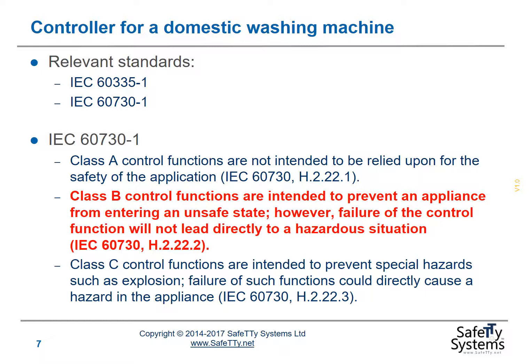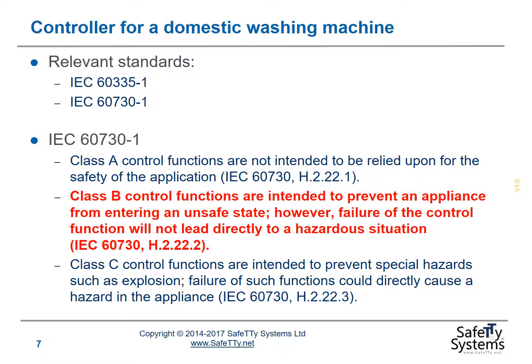Class A control functions are not intended to be relied upon for the safety of the application. Class B control functions are intended to prevent an appliance from entering an unsafe state. However, failure of the control function will not lead directly to a hazardous situation. Class C control functions are intended to prevent special hazards such as explosion. Failure of such functions could directly cause a hazard in the appliance.